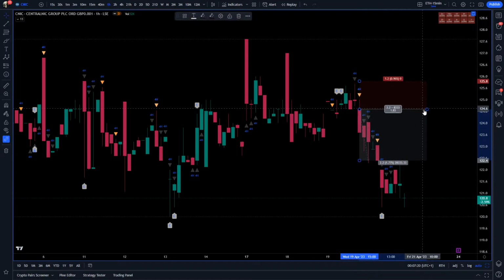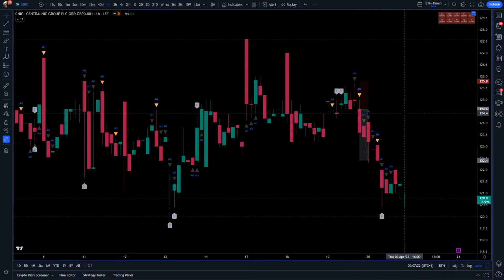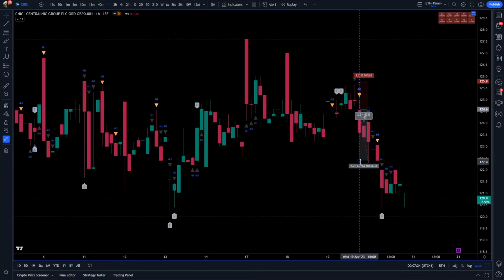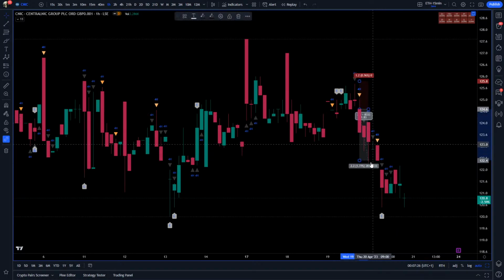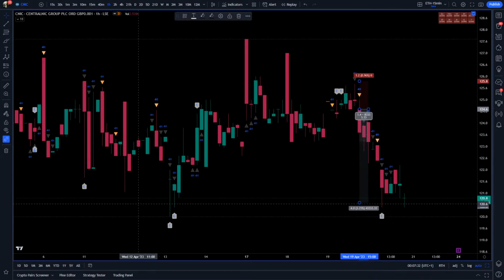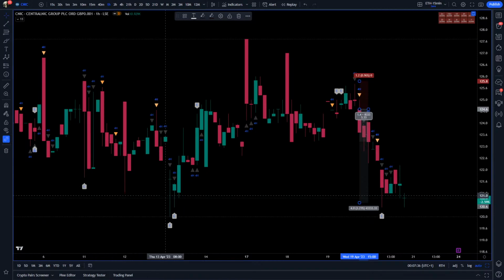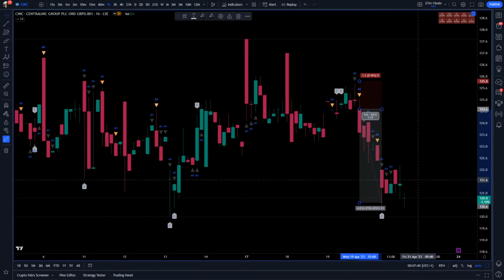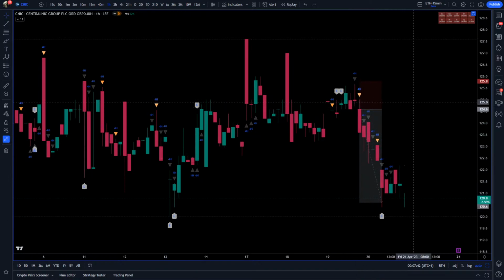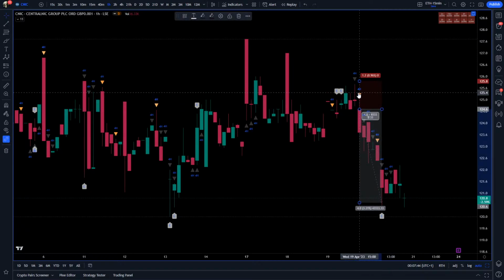We could be looking to take profit when the market comes down all the way down here. Okay, we could also be looking at this price level where the market touched before, and that is the end of our 4-hour market.